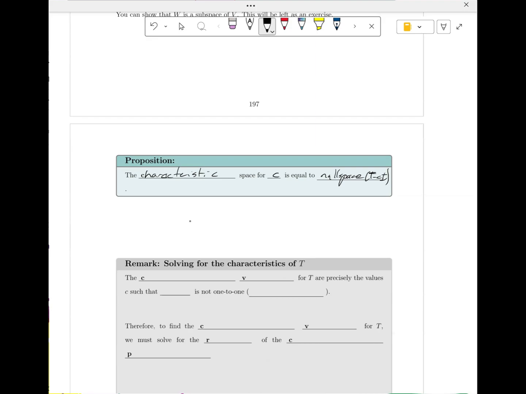This is very useful because we do know how to compute the kernel of our linear transformations. And this is true because T alpha equals c alpha if and only if T alpha minus c alpha equals 0, if and only if (T minus cI) of alpha equals 0. So we're in the null space of T minus cI.